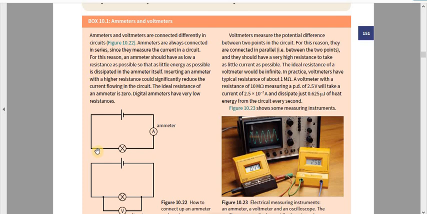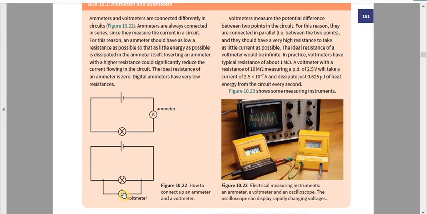So when in series, the amount of current flowing through this is the same amount of current flowing through the ammeter. So the ammeter measures the amount of current flowing through the lamp, and this voltmeter measures the voltage across, or potential difference of, this lamp.